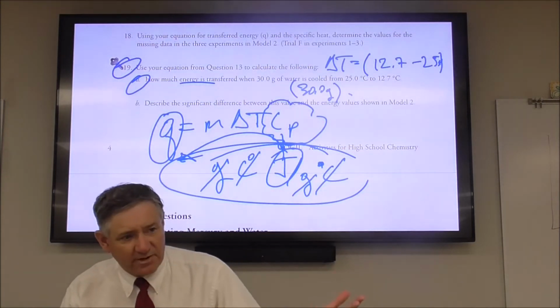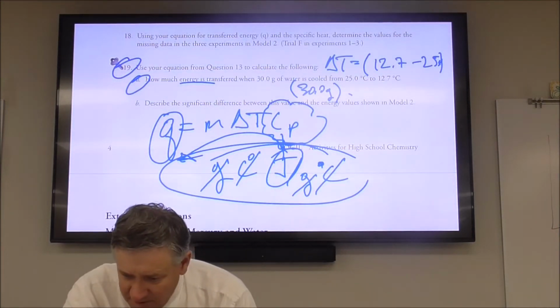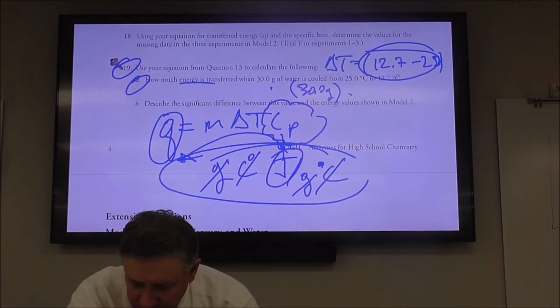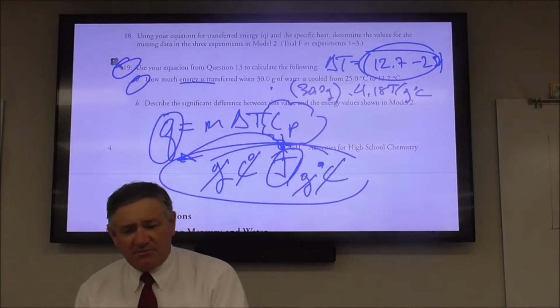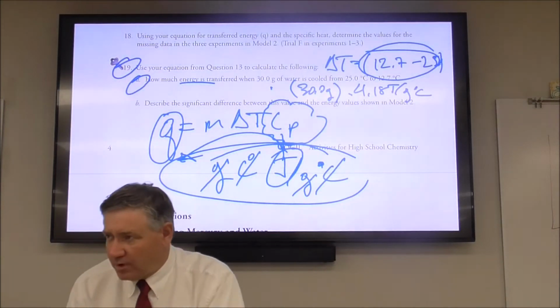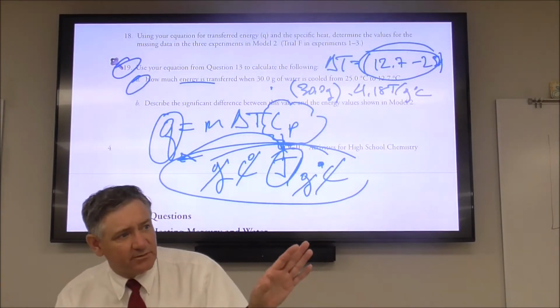It's a pretty straightforward calculation. You got 30 grams, there's your change in temperature. Since you're dealing with water, you're going to use a specific heat of 4.18 joules per gram degrees Celsius. So basically it's 30 times the difference in the temperatures times 4.18. Okay, pretty straightforward calculation.